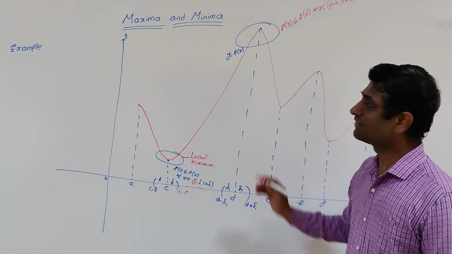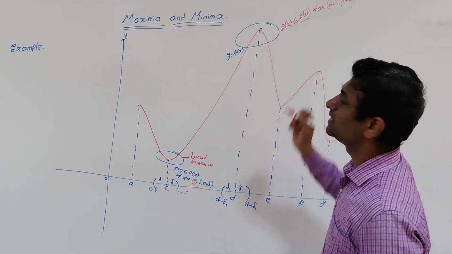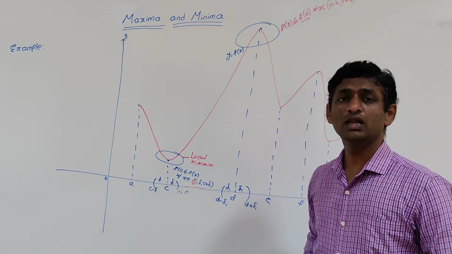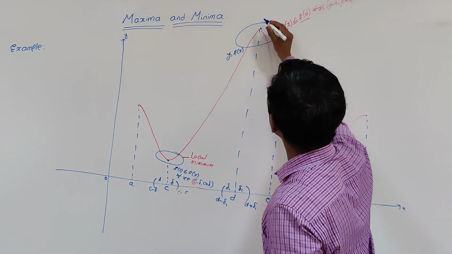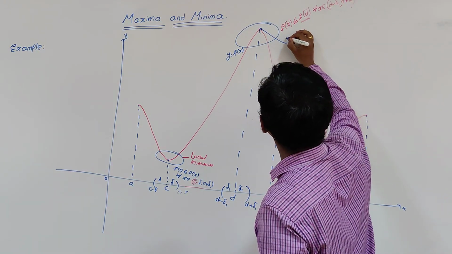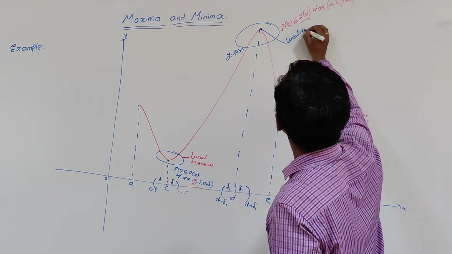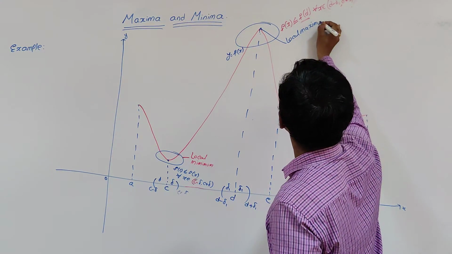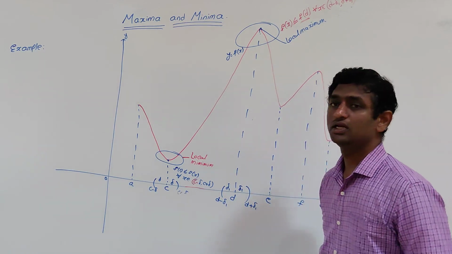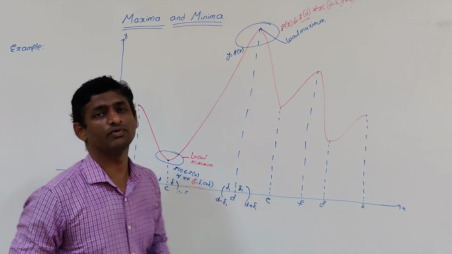So as per the definition, this f of D is called the local maximum. So f of D is the local maximum value.